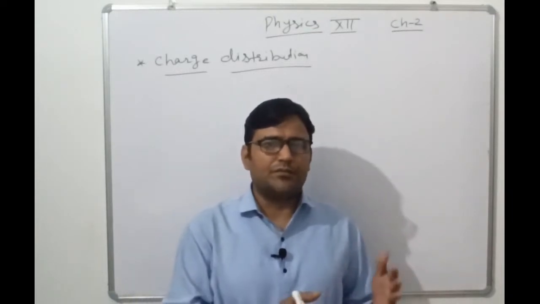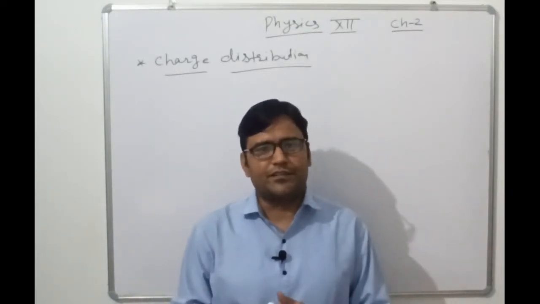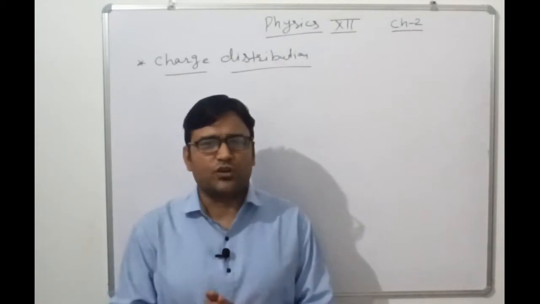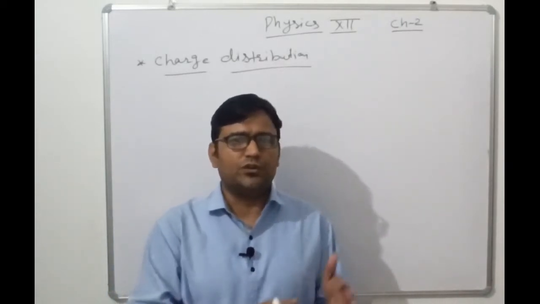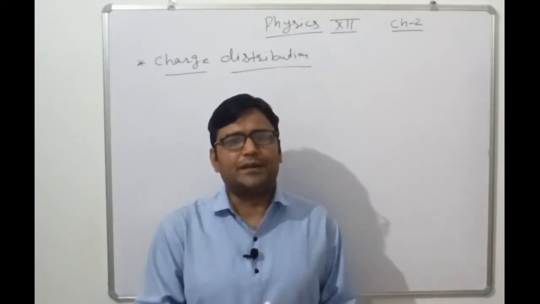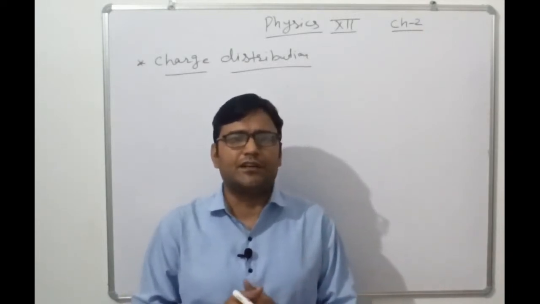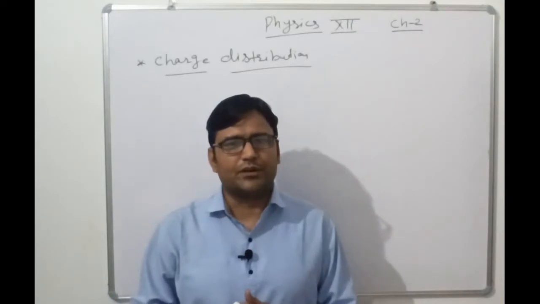Earlier we considered the uniform electric field, but when the electric field is not uniform, it is not quite easy to determine the electric field due to that non-uniform electric field.